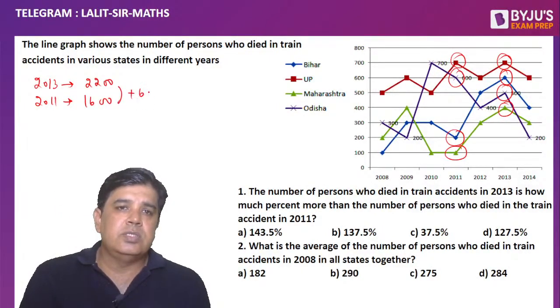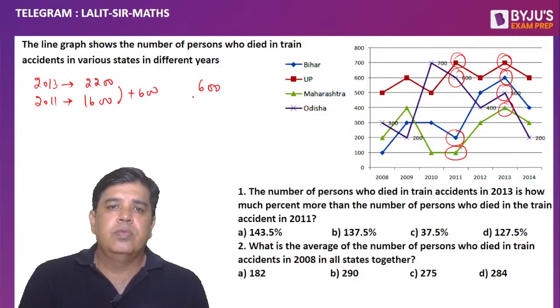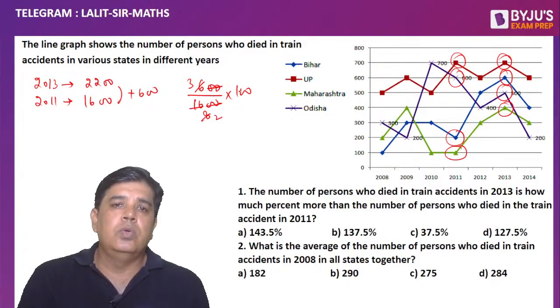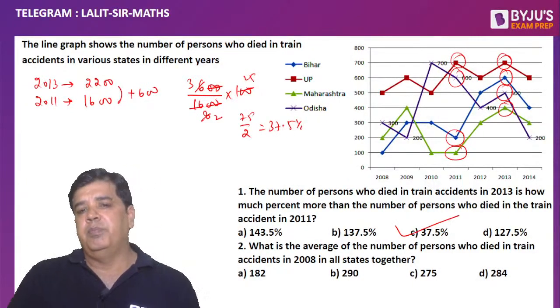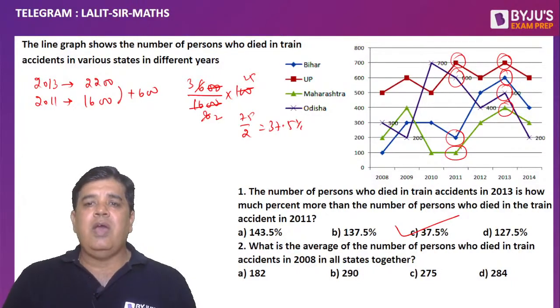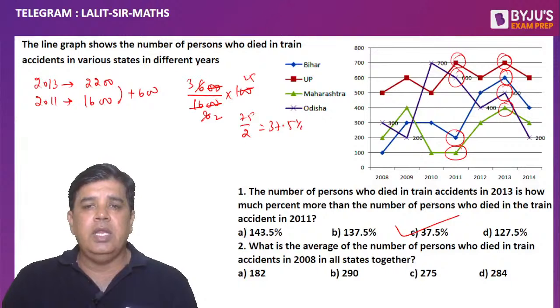So this is 600 more, then 1600. So 225, 25 into 3, 75 by 2, 37.5%.